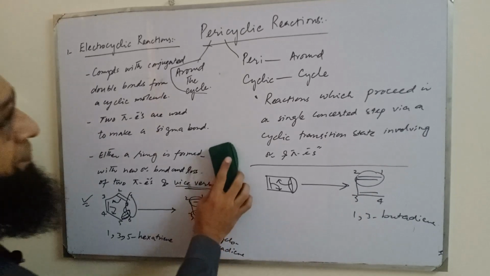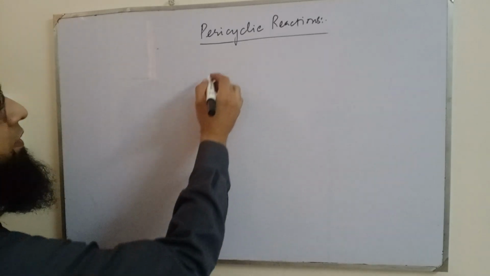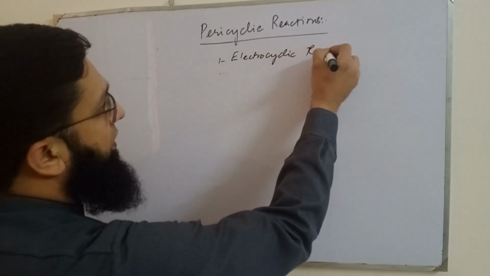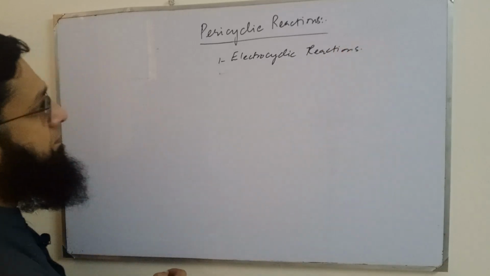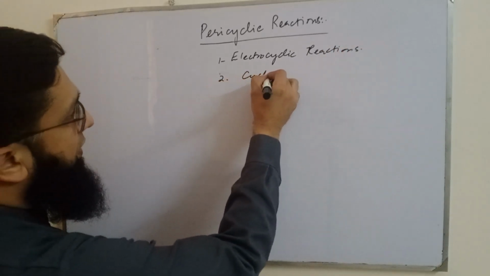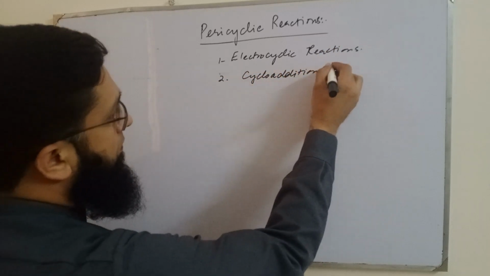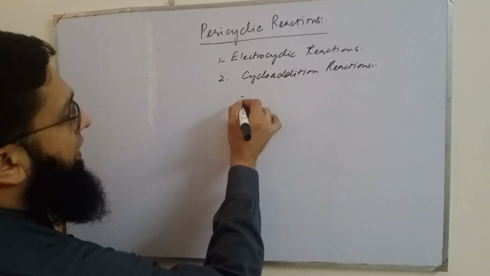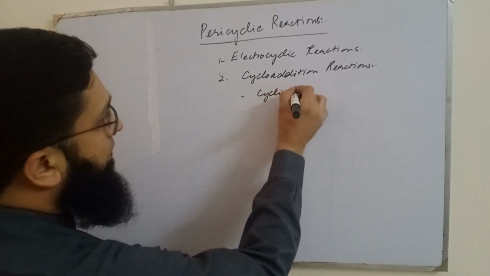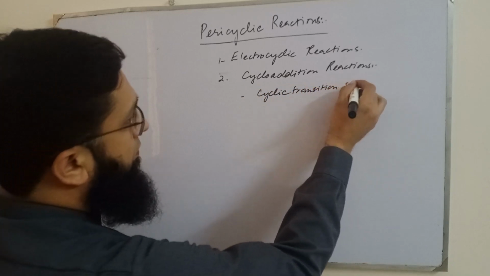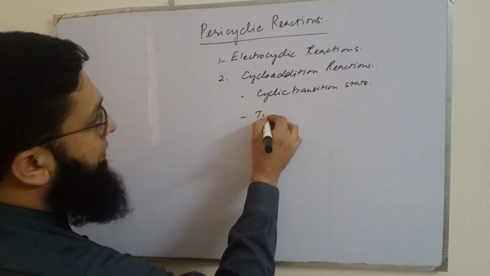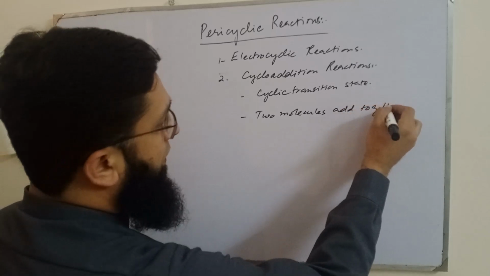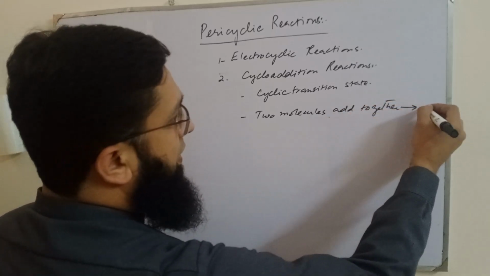Now we see other types. The first type was electrocyclic reactions, which we have just studied. Second is cycloaddition reactions. In cycloaddition reactions, we again have a cyclic transition state, and 2 molecules add together and make a cyclic molecule.